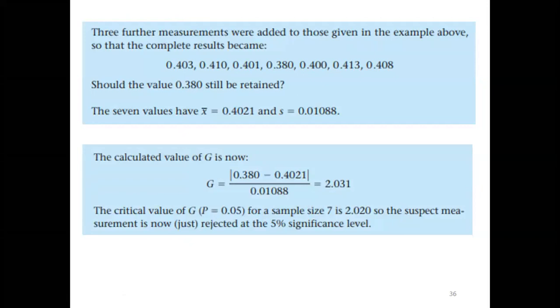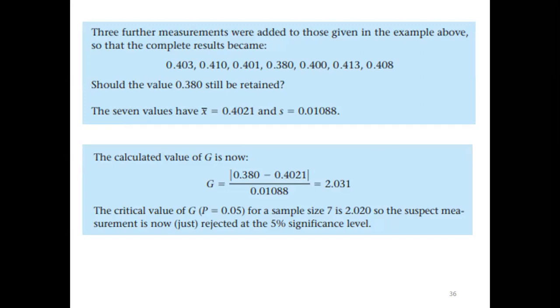Now see, 2.02 is smaller than 2.031. That means the calculated value is greater than the critical value. When the calculated value is greater than the critical value, we cannot keep the null hypothesis. We should reject the null hypothesis.